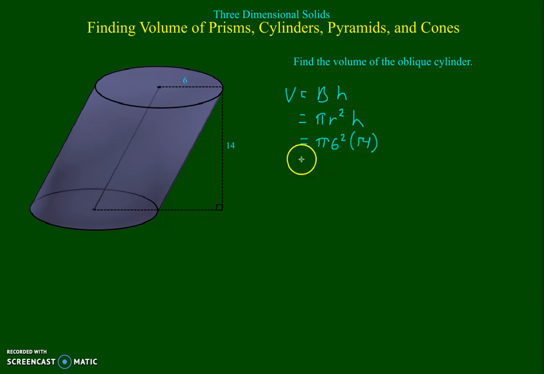We put that in our calculator, and we get 504 pi, which is approximately 1583.4. So, another basic example. Let's move on to another one.